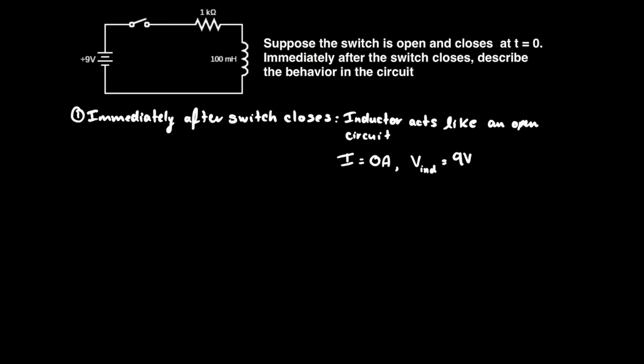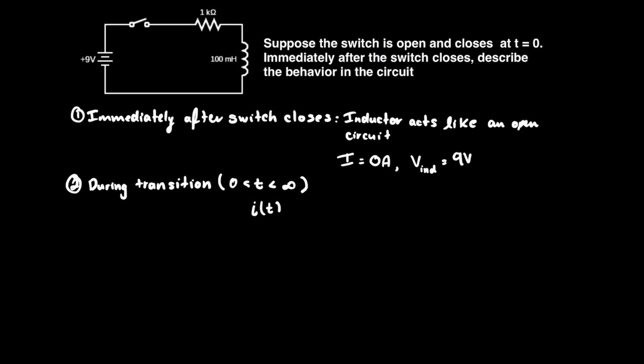Next, in step 2, let's look at what happens during the transition between the times of t equals 0 and t equals infinity. The current in the circuit begins to rise exponentially, meaning that the voltage across the inductor drops over time as the current overall builds up.